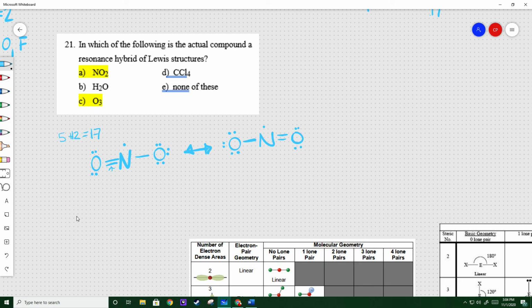Same thing with ozone. So with ozone, we have 1, 2, 3, 4, 5, 6. So what ends up happening with ozone is we have bonds here, bonds here. This one is unhappy.